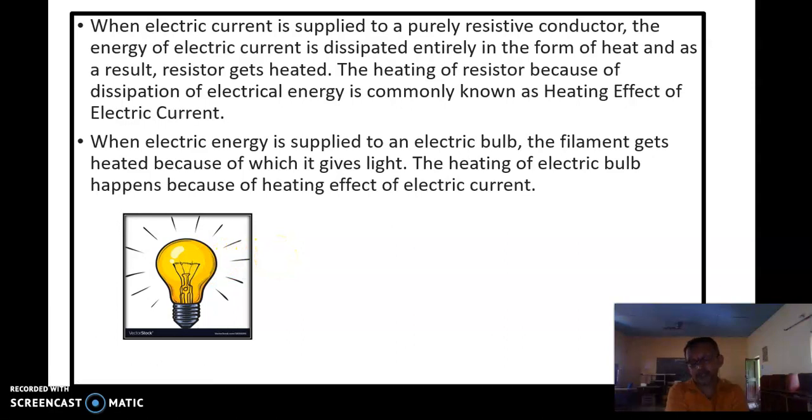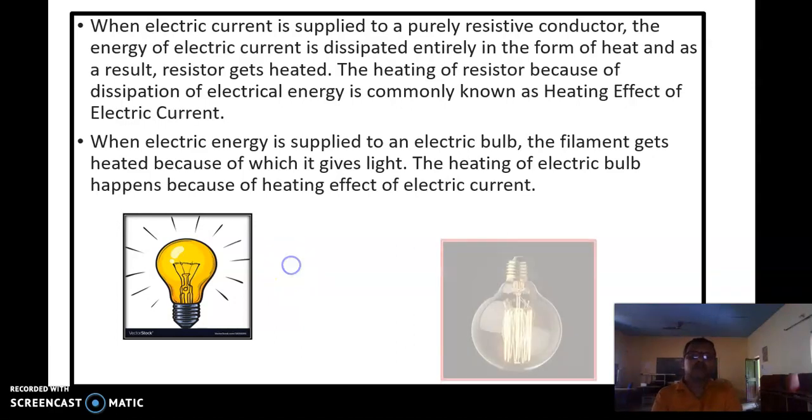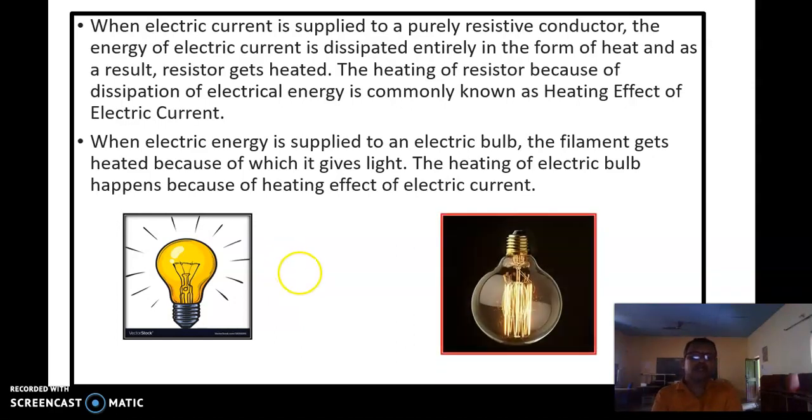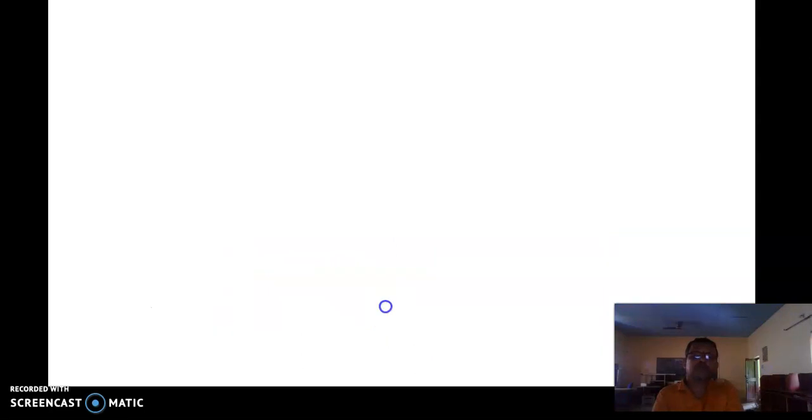Resistance of a conductor depends on the thickness of the conductor and also its length. So to increase the length, and being very thin, it gets high resistance. This is the filament of the bulb.